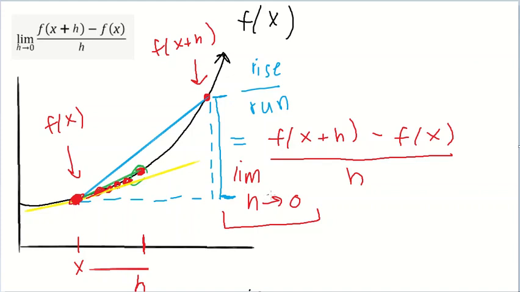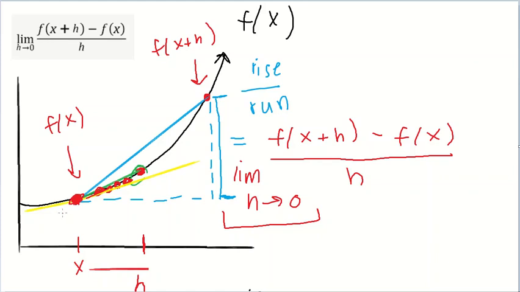So without the limit part, this fraction is just an approximation. It's a guess at the slope. But the limit makes it exact, right? Because as soon as we have a tangent line, we know that it has the exact same slope as the function it's tangent to at that point.